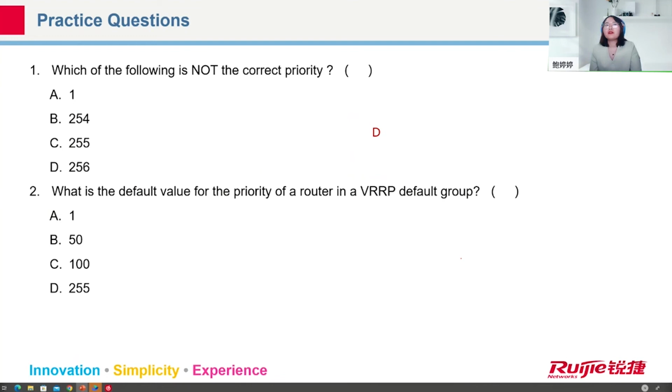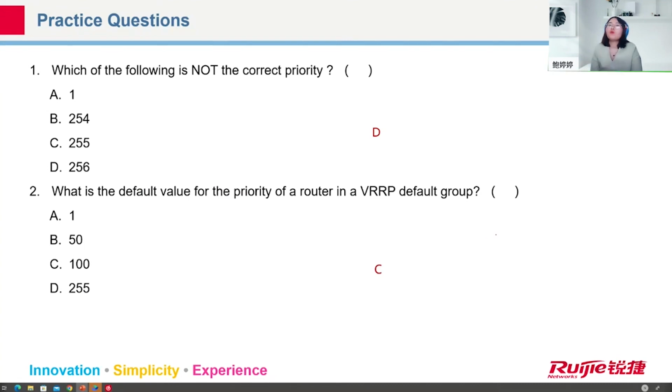Question 2. What is the default value of the priority for the router? What's the default value? C, 100. Yes.